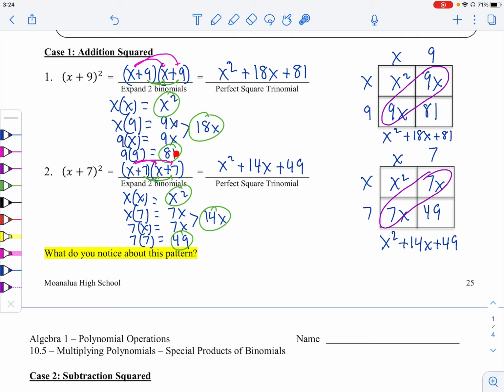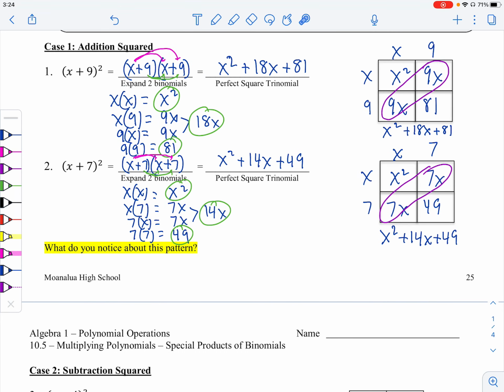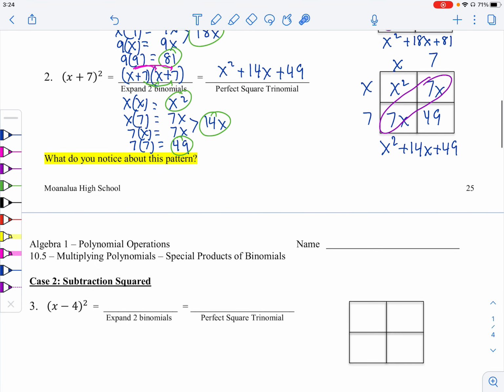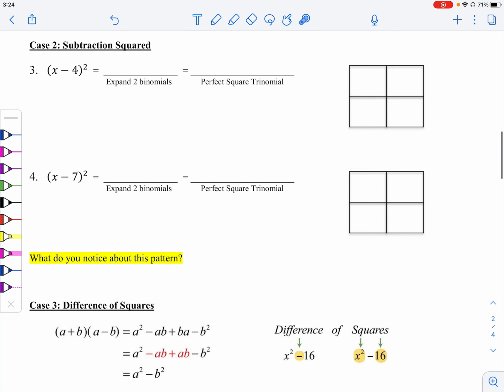And then the last term is 9 times 9, 81. So we did 7 twice, we get 14. And then 7 times 7 gives us the 49, right? That's a pattern that you see. So it's called a perfect square trinomial. And that's addition squared.